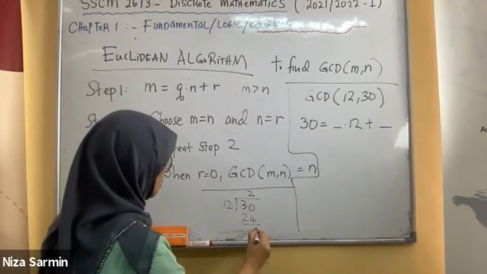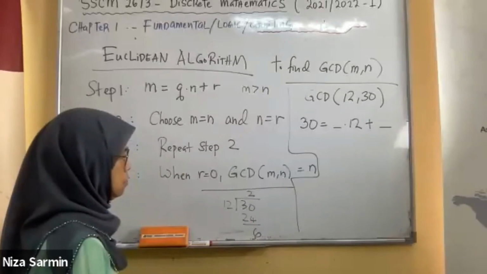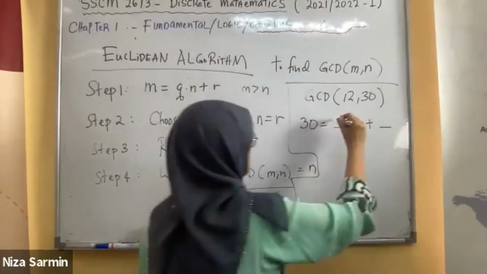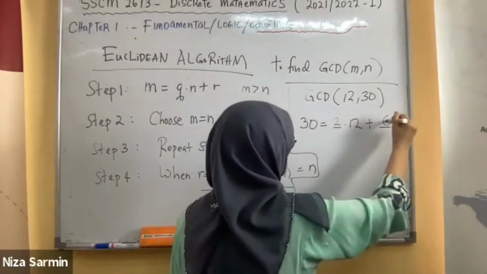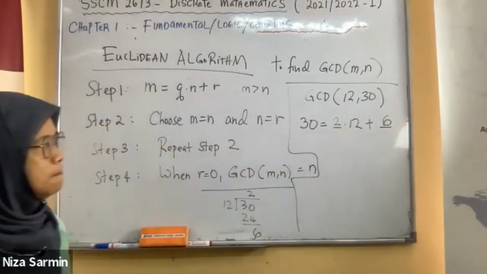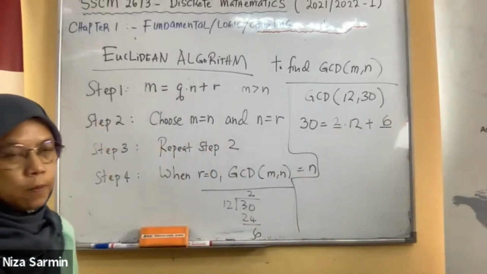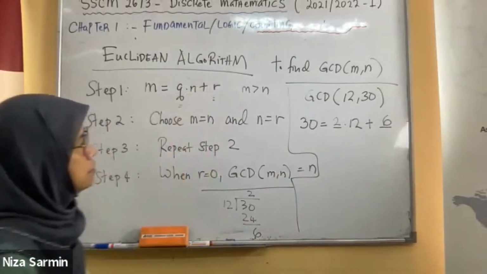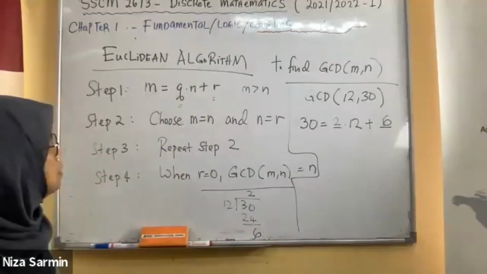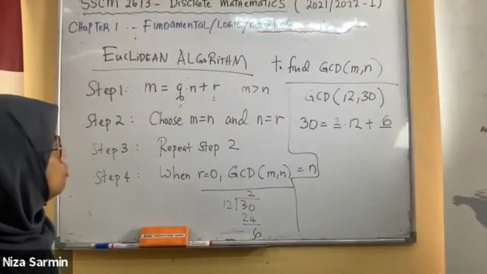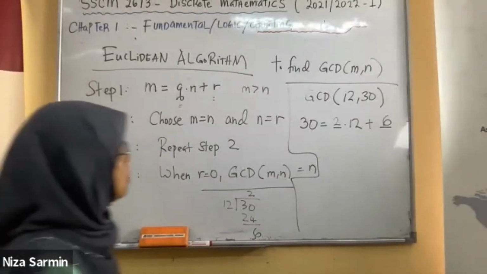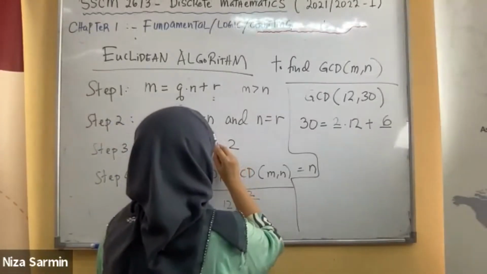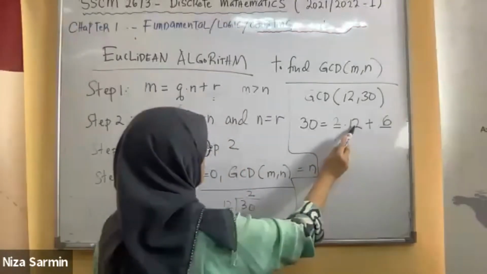You're looking for Q and R. And then you move the N to be here.